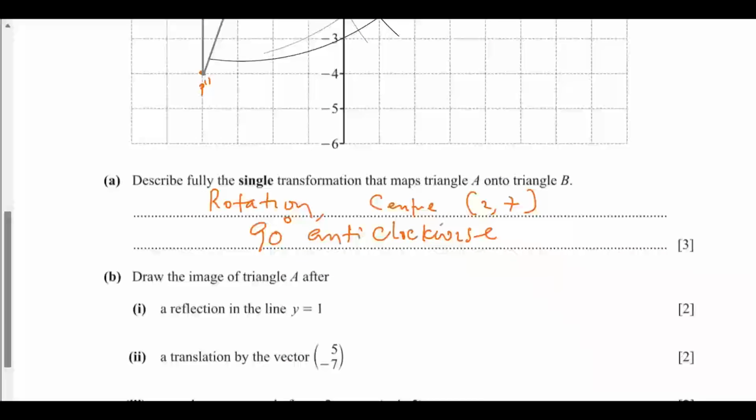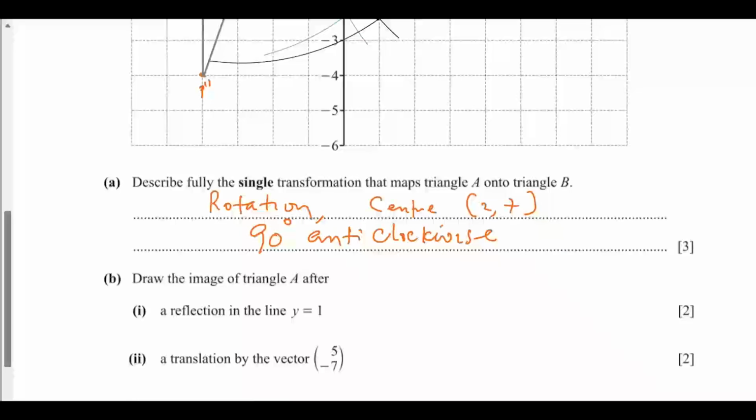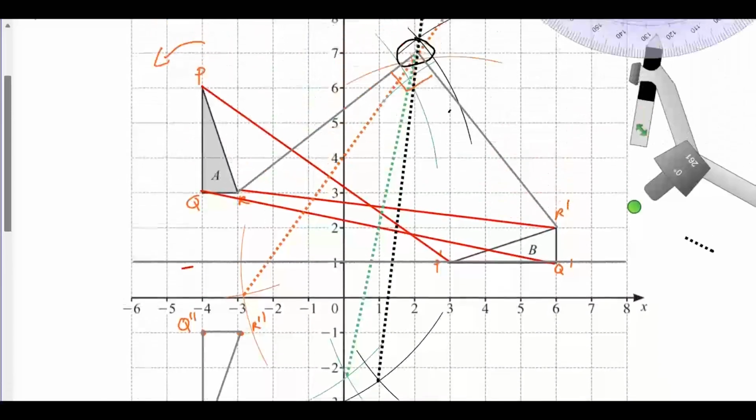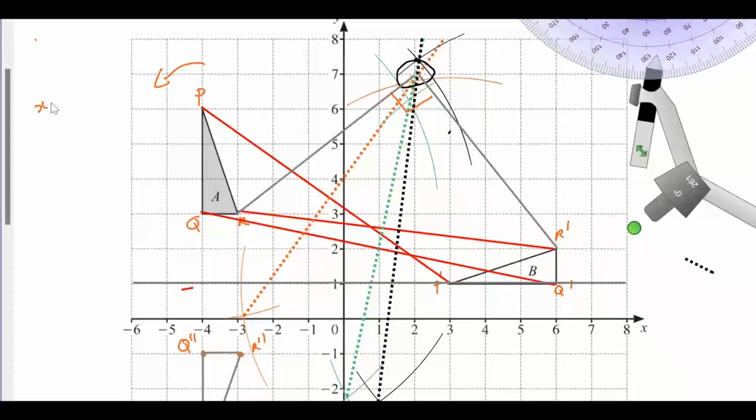Then the next one will be a translation of triangle A by the vector x equals 5, y equals minus 7. So x is equal to 5, y is equal to negative 7. So let's start from point P. So we'll count 5 towards the right hand side and 7 downward.